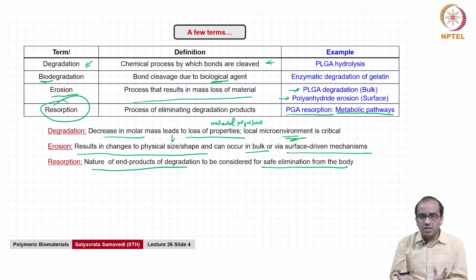Again, these are the two pillars upon which any standard approval agency such as the FDA is going to look at your material or device, right? So that's degradation, erosion and resorption, and we will look at some examples of each of these things throughout this lecture for us to get a better grasp of the concepts such as erosion, degradation and resorption.